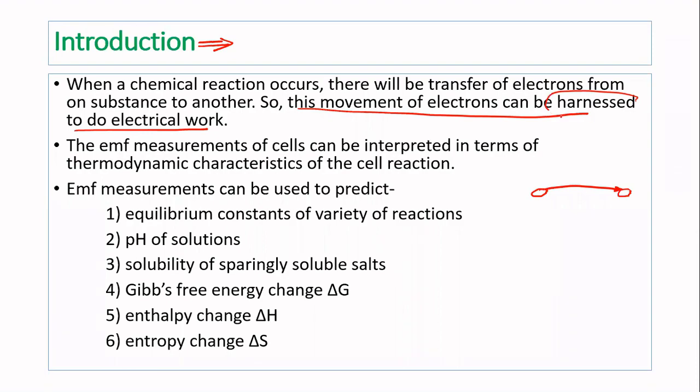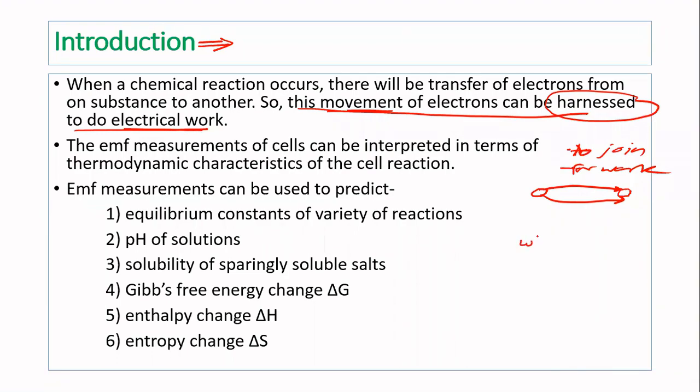What is meant by harnessed? Harness means to join for work. Simply, harness means to make use of them. So this movement of electrons from one substance to another can be utilized for electrical work.